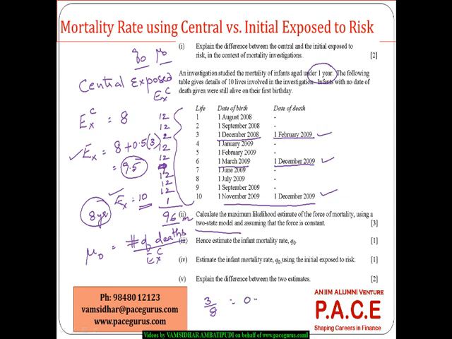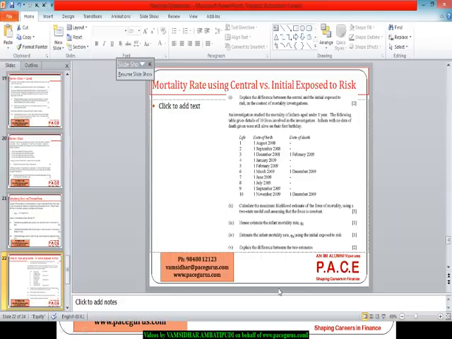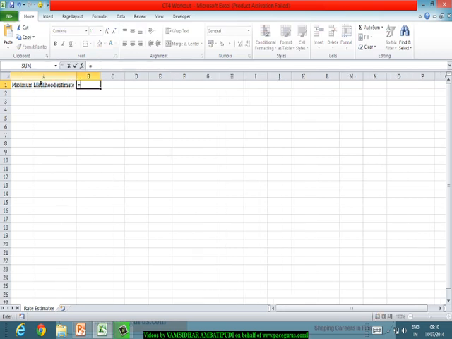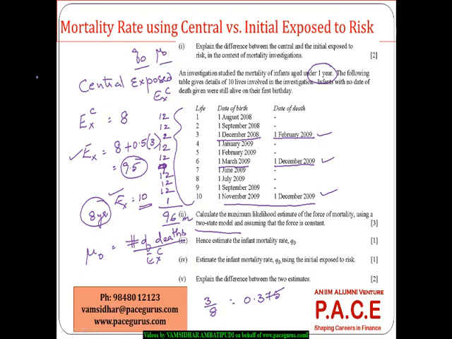So 3 deaths out of 8 years, 0.375, works out to mu naught, the maximum likelihood estimate of the force of mortality.